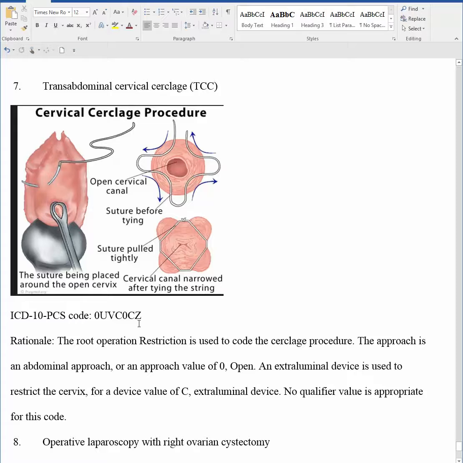0UVC0CZ. The approach is abdominal, value of 0 for open. An extraluminal device is used to restrict the cervix. Looks like you use tape.